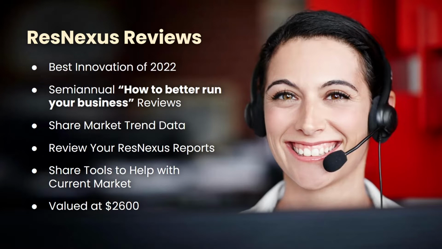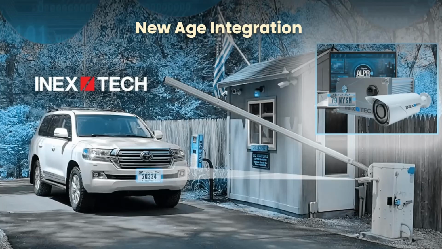Some of the tools shared may include suggestions to take advantage of new features and integrations that we offer, including Inex gates. For campgrounds or other properties that need to use a gate to keep unwanted people off your property, this is a great system to automatically share the license plates with your gate system to allow only your guests to enter your property.